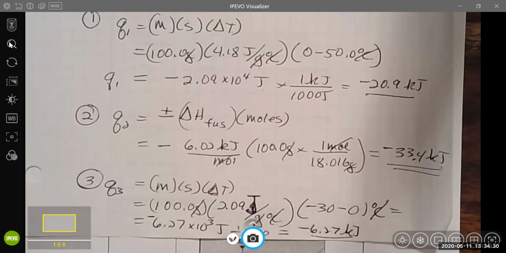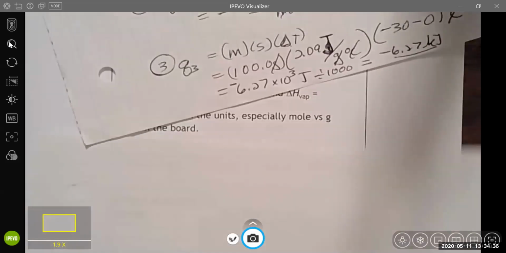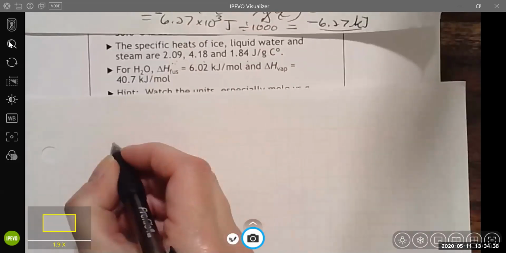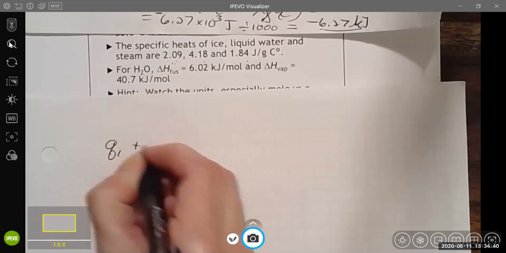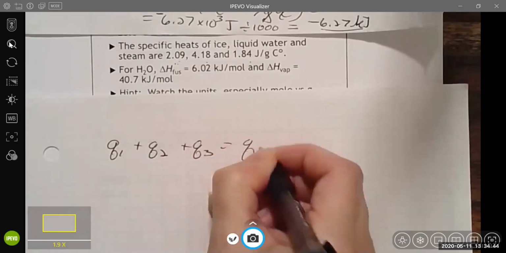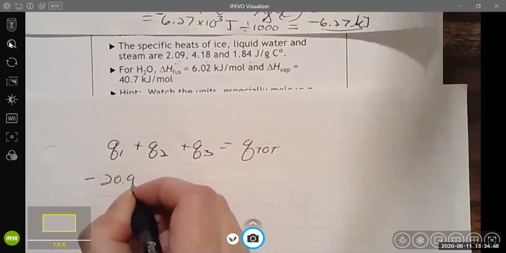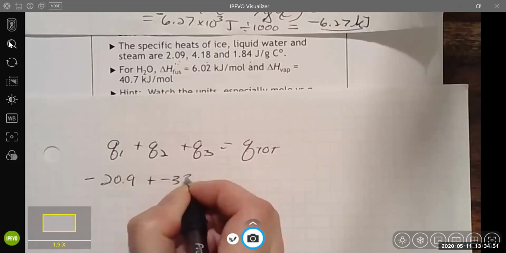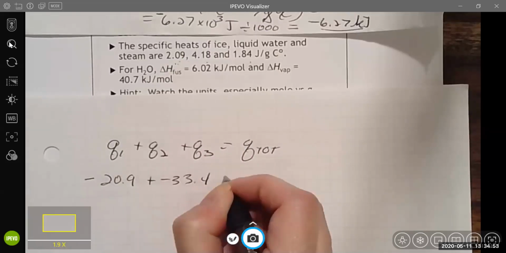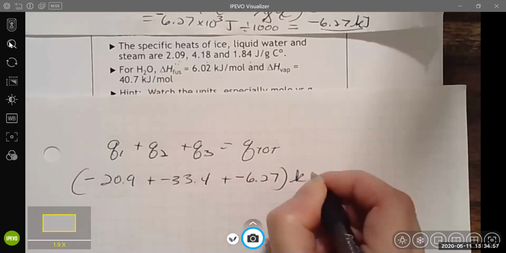And what we're gonna have to do to get the final answer is add them up, because we want the energy change for the whole process. So Q1 plus Q2 plus Q3 equals Q total. And that is -20.9 plus -33.4 plus -6.27 kilojoules.